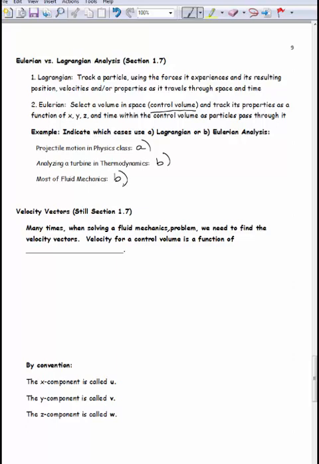Now, with control volume analysis, we're going to look at the velocity vector and how it changes in space as well as time. So velocity vectors are going to be a function of x, y, z, or position in your control volume, as well as time if it's unsteady. What I mean by that is, let's say that we're at time equals 0.